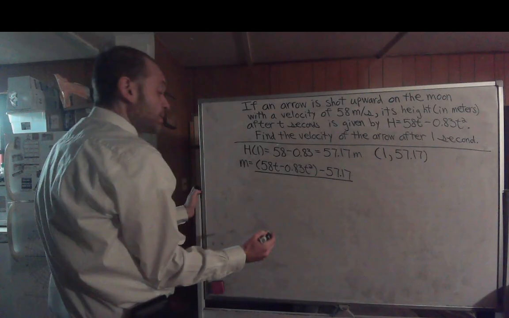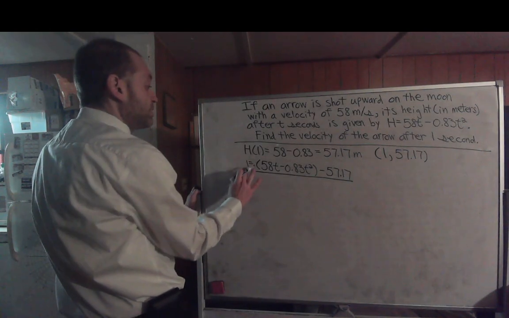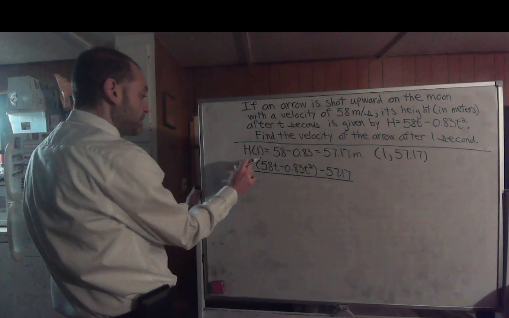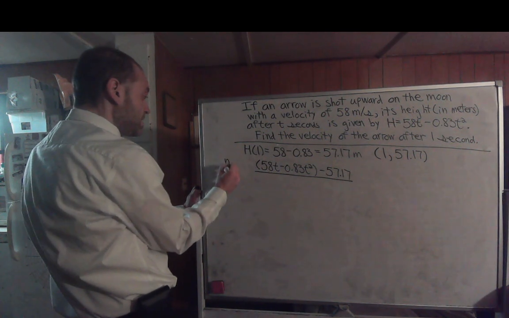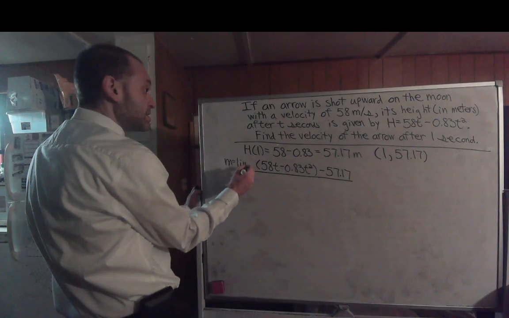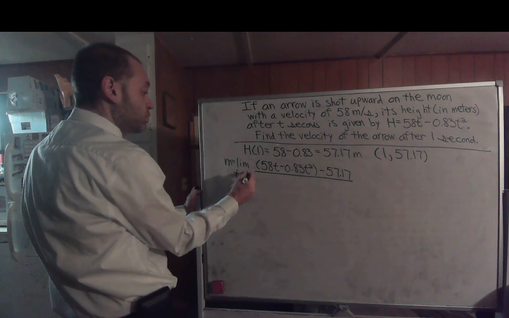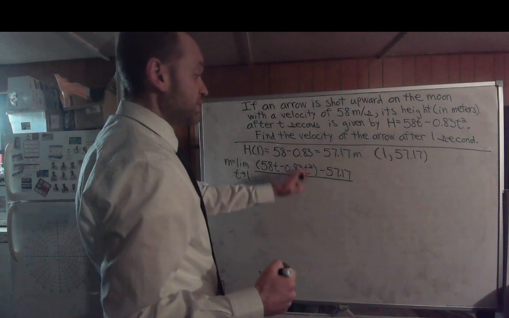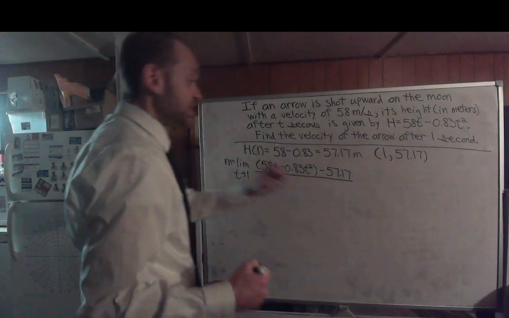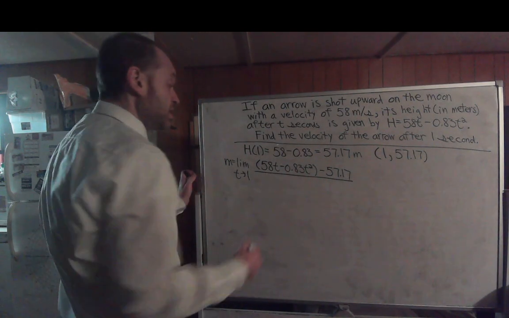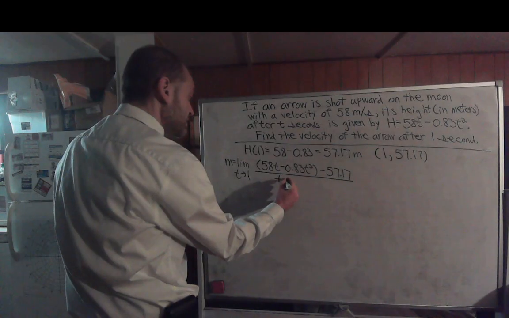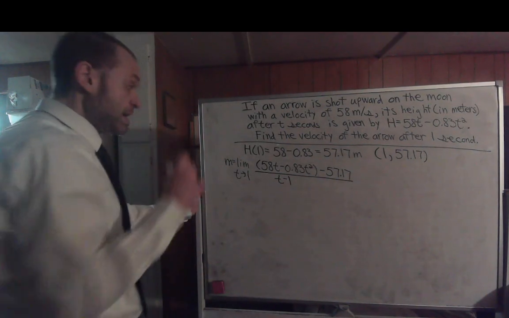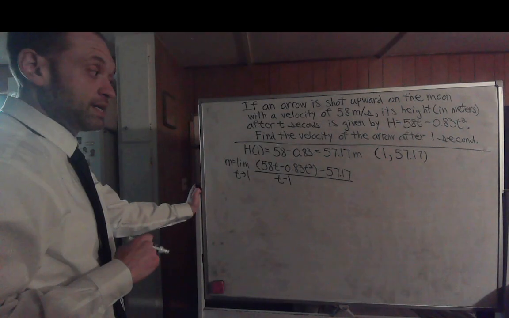M equals the limit, then, as t approaches 1, of 58t minus 0.83 t squared minus 57.17 all over t minus 1. This is not going to be pretty, is it?